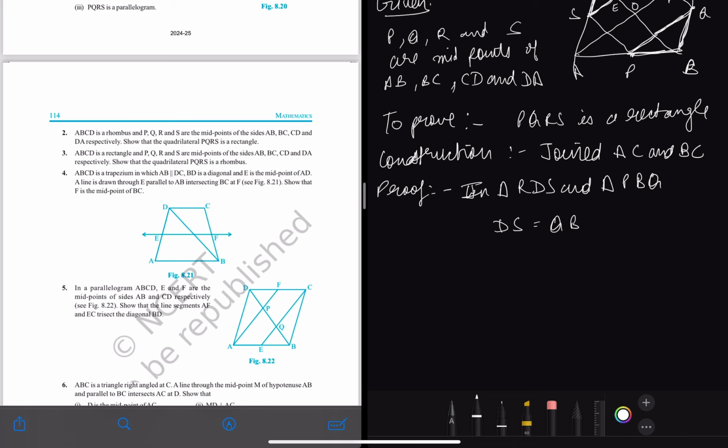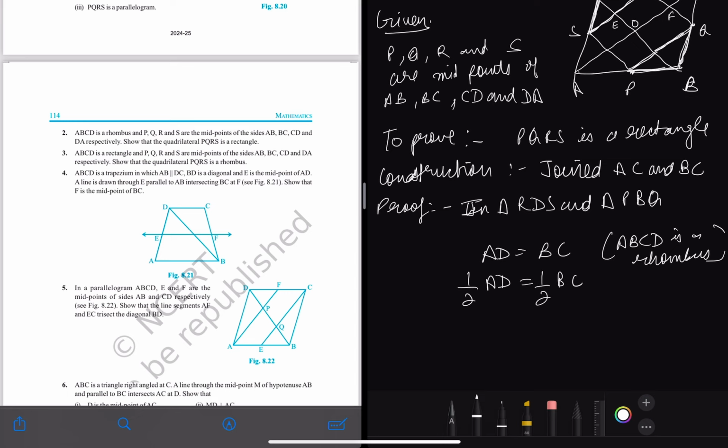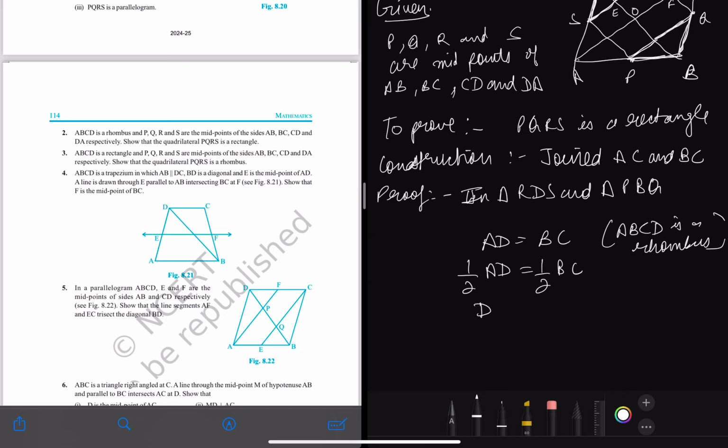We know in a rhombus opposite sides are equal. So AD is equal to BC because ABCD is a rhombus. Dividing both sides by half, half of AD is DS because S is the midpoint, and half of BC is BQ because S and Q are midpoints.